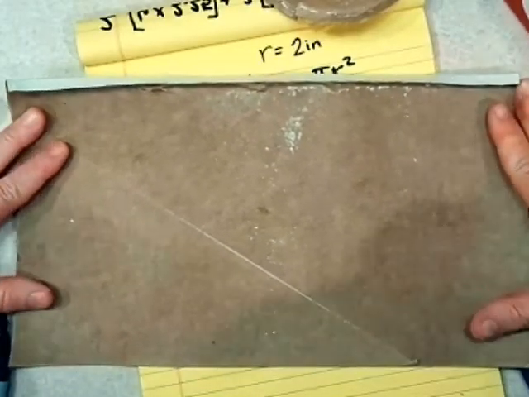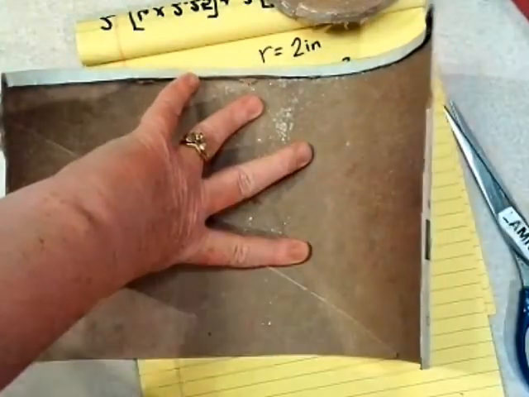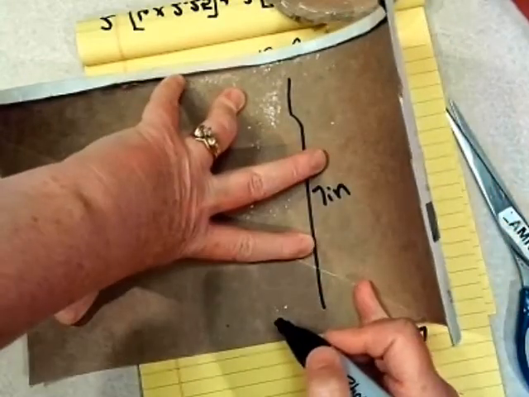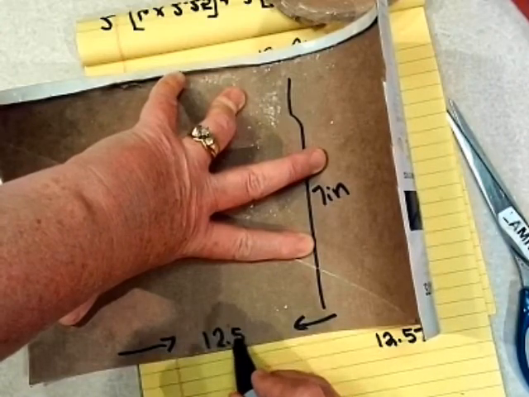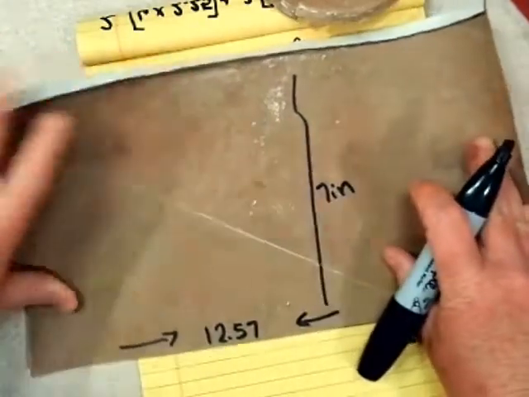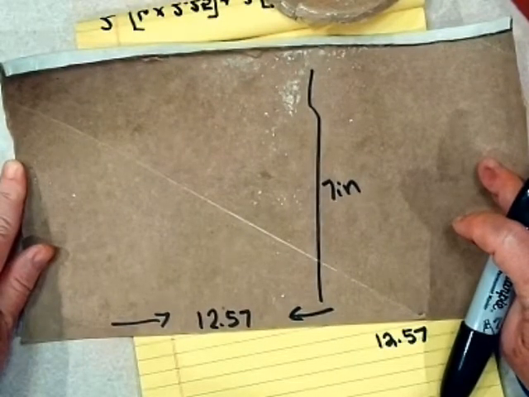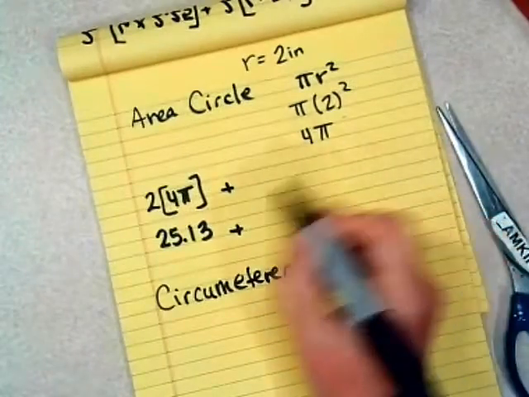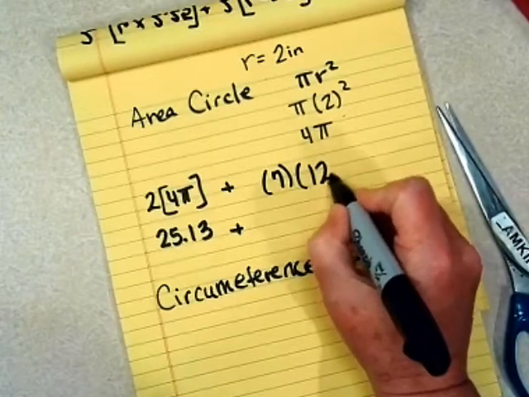When I take that apart and I lay it flat, you notice that it is a rectangle, right? And that this dimension going this way is 7 inches. We measured that. And the dimension going this way is 12.5 or 12.57, depending on if you're measuring or using the formula. So the area here is simply length times width. That's what you have on a cylinder's outer casing. So to find that area, I would need to do 7 times 12.57.